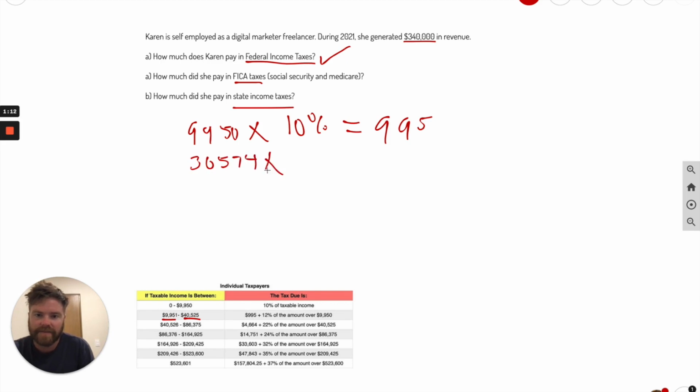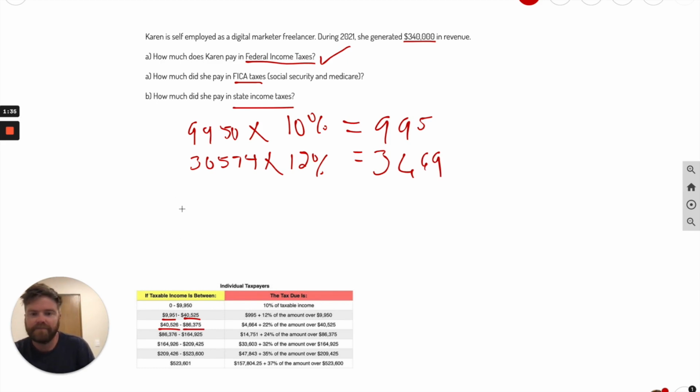And we multiply that times the next percentage, which is 12%. And we get 3669 rounded up. There we go. The next one, 86,375 minus 40,526.